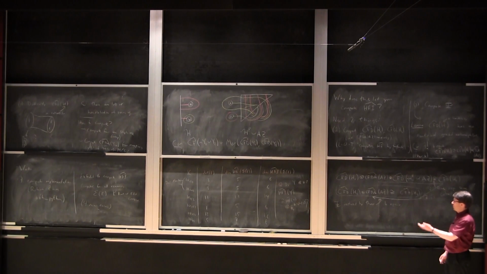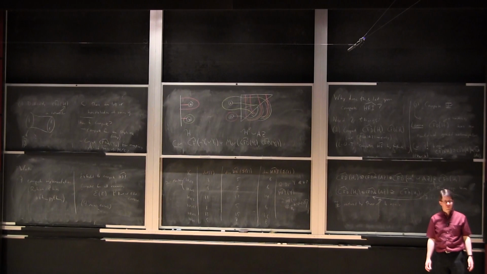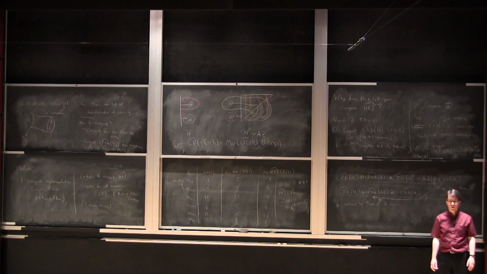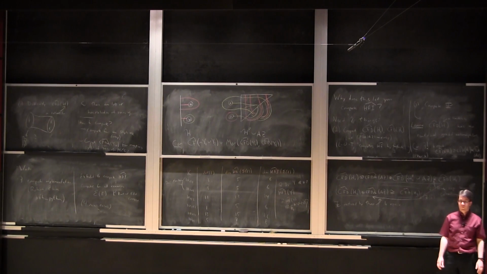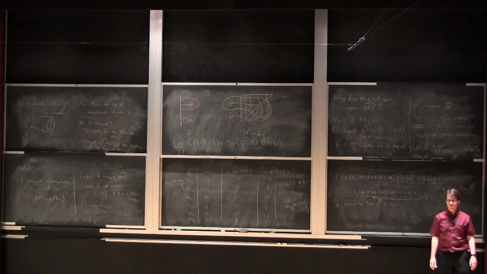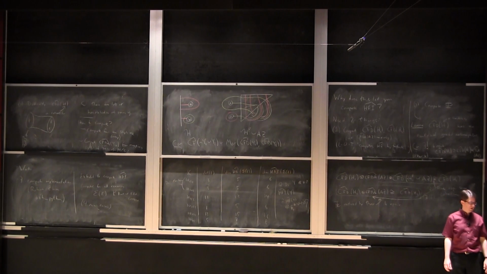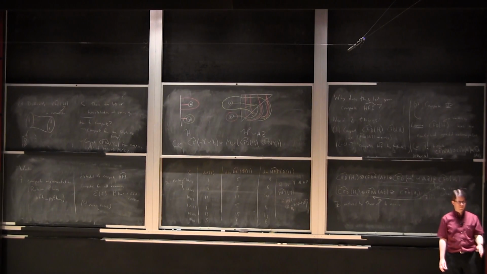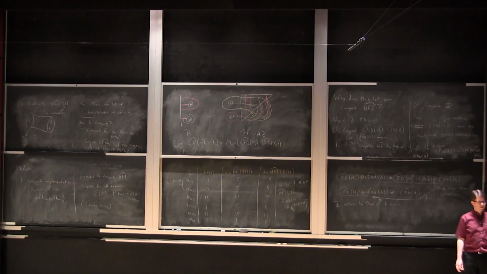One application is you get a surgery exact triangle for involutive HFhat, which was not known before. Francesco proved that for Pin(2)-equivariant monopole Floer homology. But because of the diagrams changing, it's a little bit hard to do things with these spectral sequences. Maybe you could prove it using these techniques, but that's not been done.